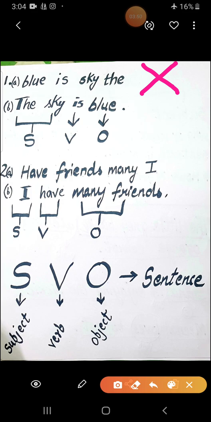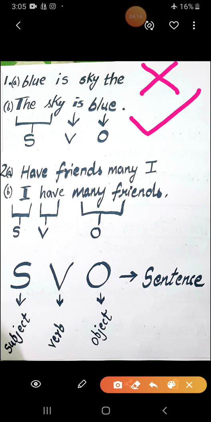Then if you see the second one, first B part: The sky is blue. It is starting with a capital letter, ending with a full stop. These are a group of words and it is giving a proper sense. It means it is a sentence.